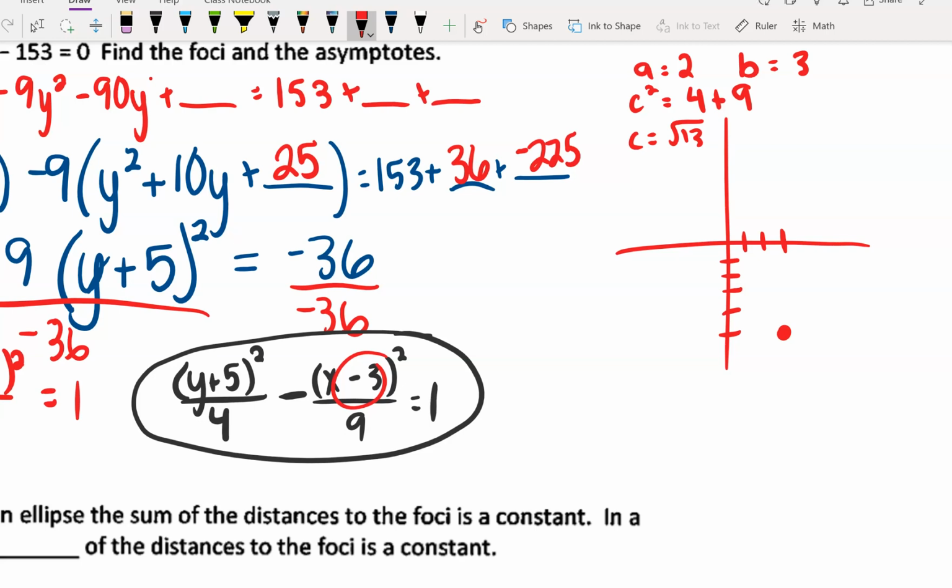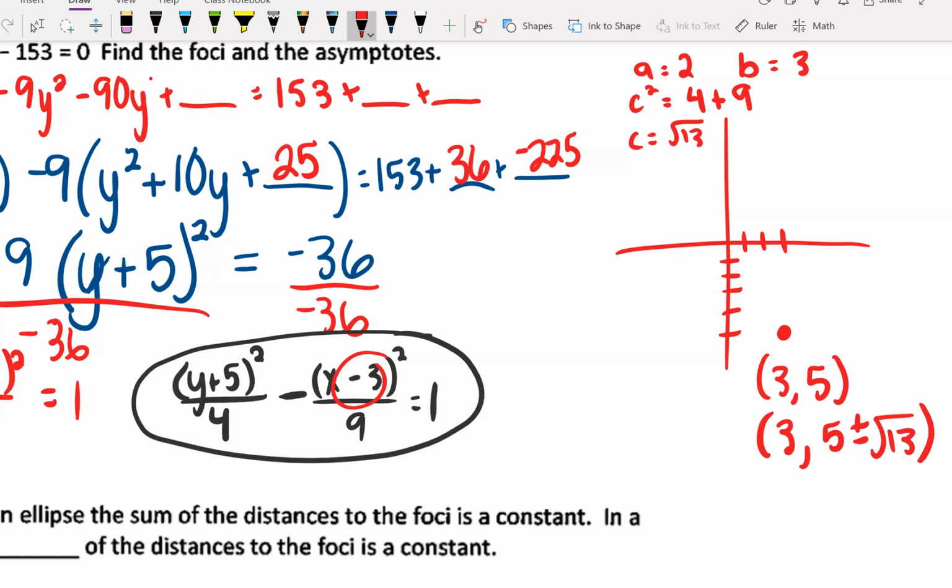So if the center is, what did I say the center was? 3, negative 5. We have to add that to the y coordinate since this is a vertical one. So the foci are going to be 3, negative 5 plus or minus root 13. That's where the foci are going to be located.